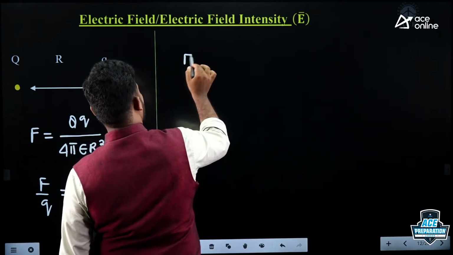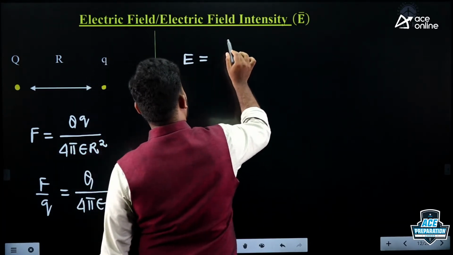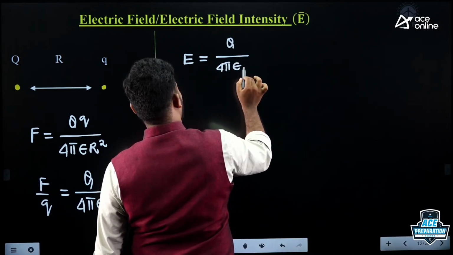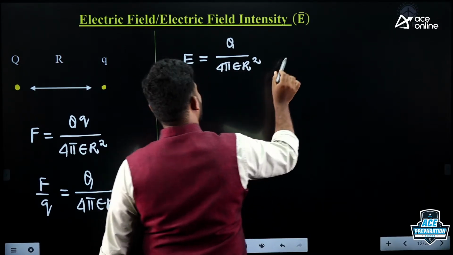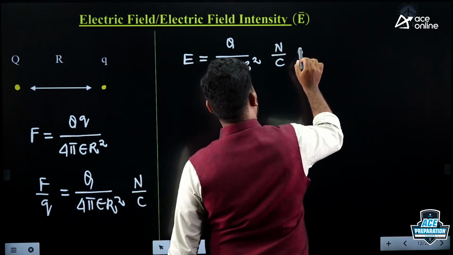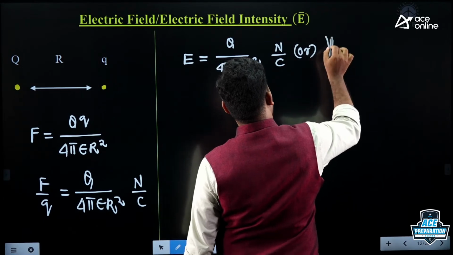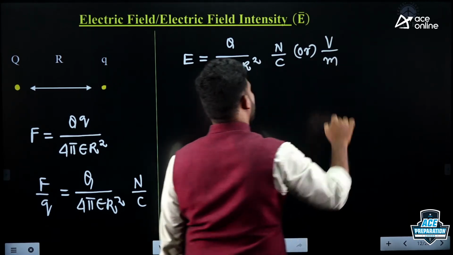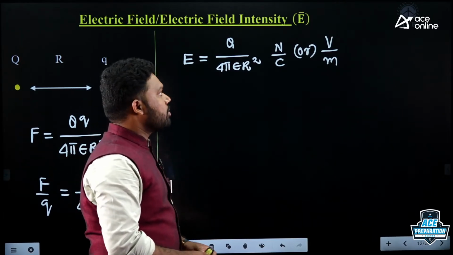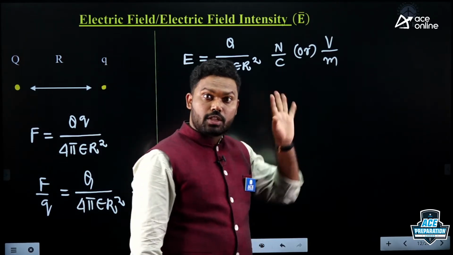This is represented with E. E is equal to Q divided by 4 pi epsilon r square. Units are Newton per Coulomb, or there are other units too. You will know this after the potential concept: volt per meter. What is more important is volt per meter. You need to remember the units.